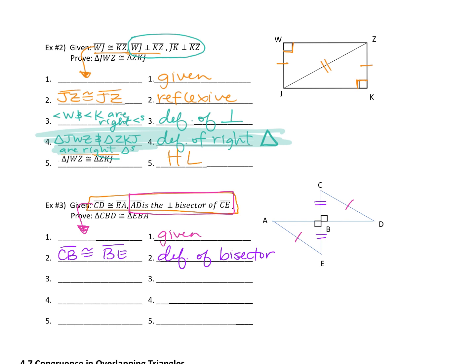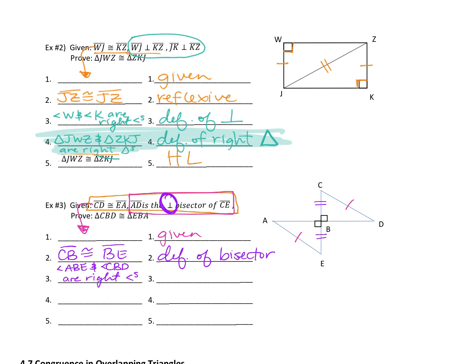Now look at what else it says in that given. AD is not just the bisector, the perpendicular bisector. What does that tell us? Right angles. I heard someone whisper it. Was that you? Good job. So we're going to say right now, angle ABE and angle CBD are right angles. And what is the reason for that?